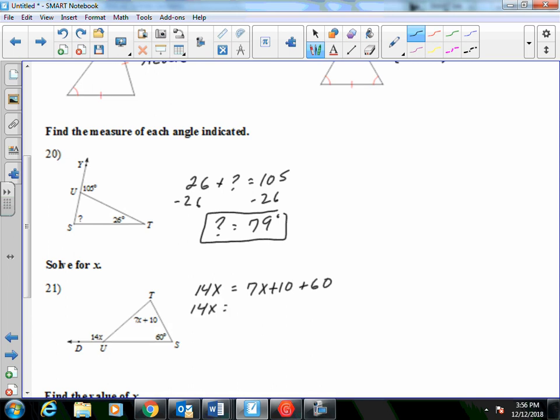So 14x is going to equal 7x plus 70. Subtract 7x from both sides. That'll give us 7x equals 70, divided by the 7. And our x value will be 10.